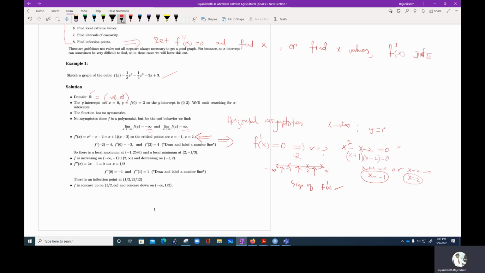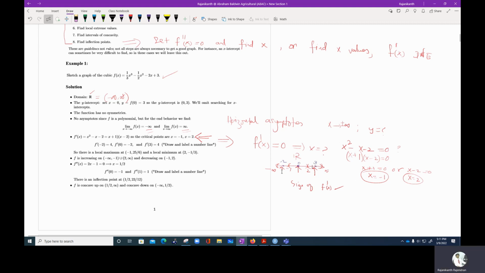Let me change the color. Okay, so first I choose -2 here as a test point, right? In the second interval, I choose 0 as my test value. And in the third interval, I'm choosing 3 as my test value.